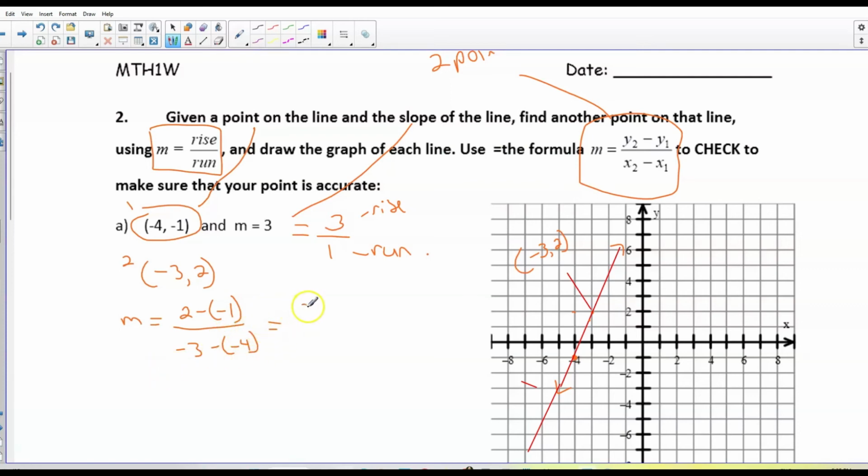So this will become 2 plus 1 over -3 minus a -4, which just becomes a +4. So I'm going to have a 3 over 1 slope, which can be reduced to 3. So I've verified that this slope is the same as this slope. So yes, I am indeed correct. So I have been able to find another point on my line.